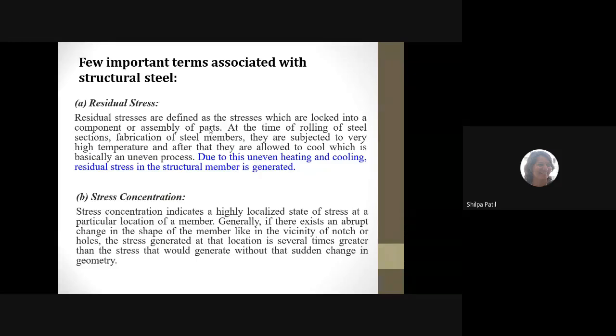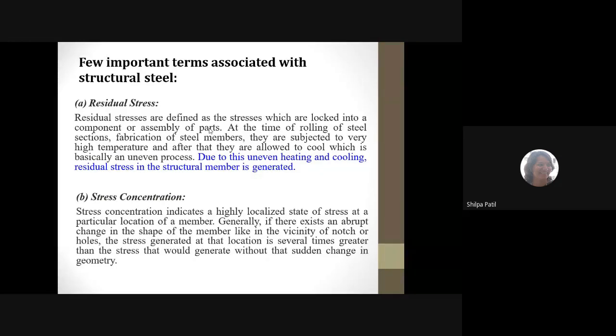Okay, so the same thing happens in case of structural steel members also. And we are actually developing areas of stress concentration by making holes in the section. Why we need to make holes? Because we want to insert bolts through those holes. Whenever we go for a bolted connection, we are developing stress concentration areas along the surface of a steel section at various components.